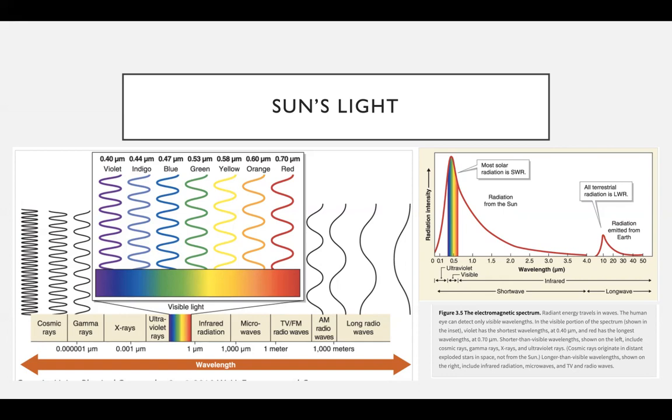And as you go farther to the right, the emission of long radio waves and microwaves from the sun is greatly decreased. But once you get on Earth, the atmosphere radiates long wave radiation, and we'll talk about that more next week, but just keep in mind the difference between short wave radiation and long wave radiation.